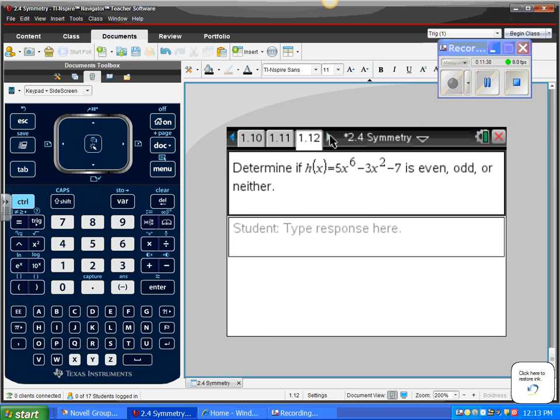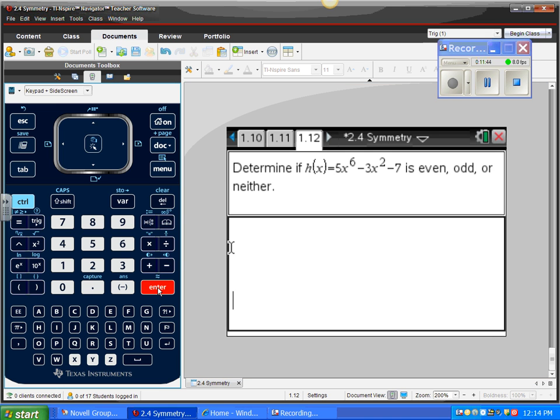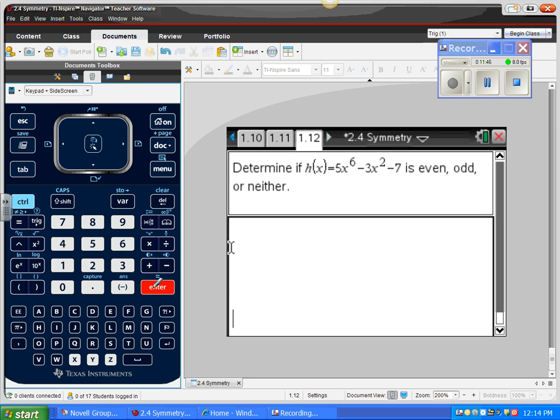Okay, so we're going to determine if h of x equals 5x to the 6 minus 3x squared minus 7 is even, odd, or neither. So again, we always start with figuring out, is it even? We plug in that h of negative x. Okay, so 5 times negative x to the 6, minus 3 times negative x squared, minus 7.